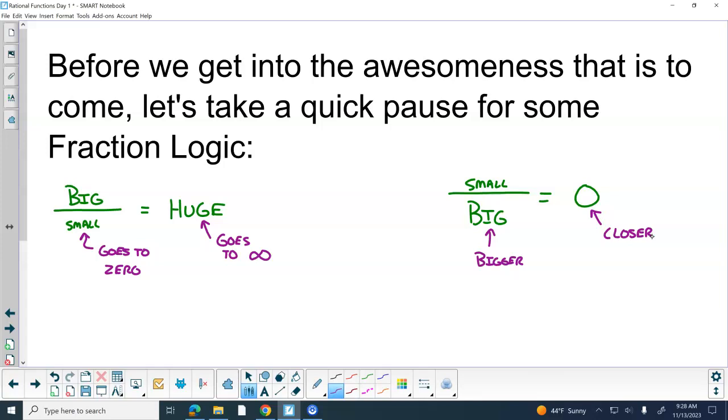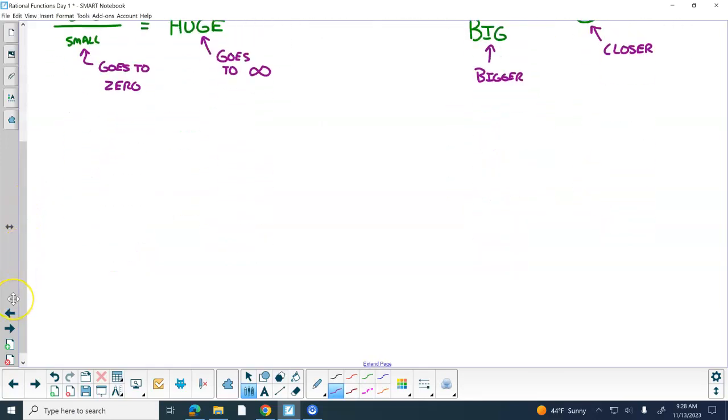Now, here's some more logic for you. This is really super high level math stuff here now. If I put a plus sign in my exponent spot, if I am dealing with an x value, that means I am approaching from the right.